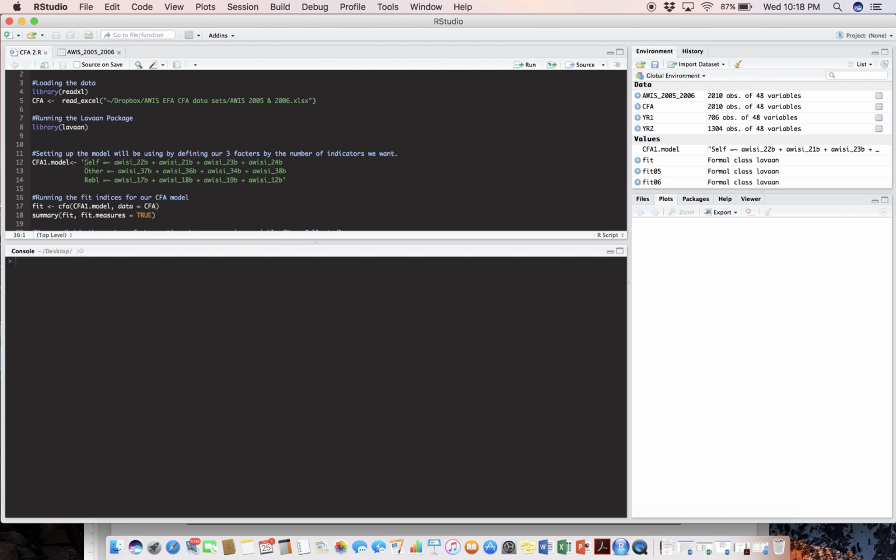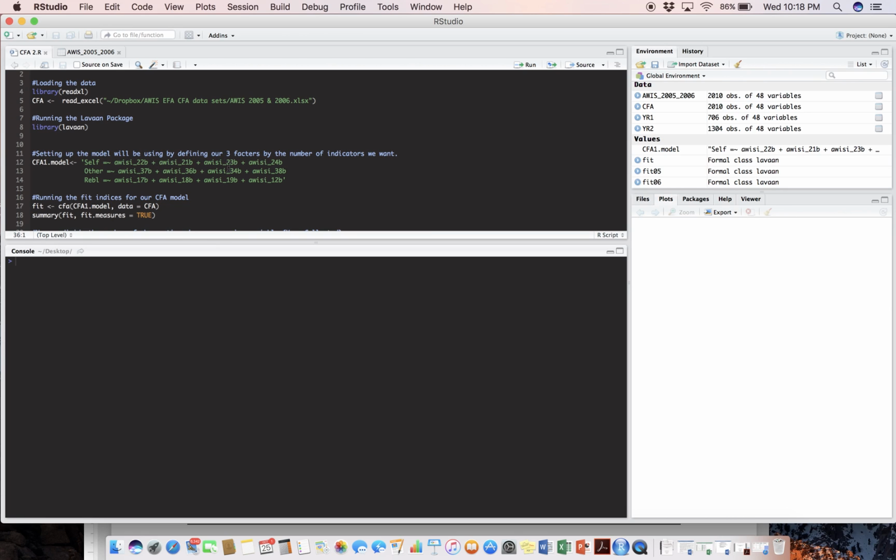What this information is basically saying is, okay, I have this self construct, as defined by each of these indicators, and I've listed out my indicators here based on my scale. And again, those three constructs are self, other, and rebellious, and they're defined as such.